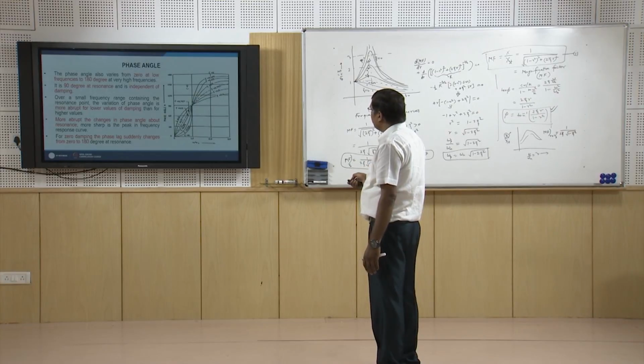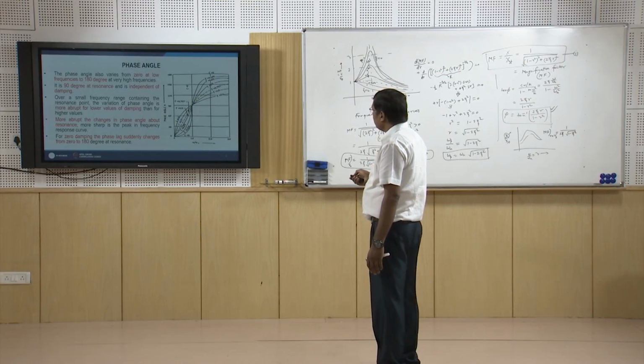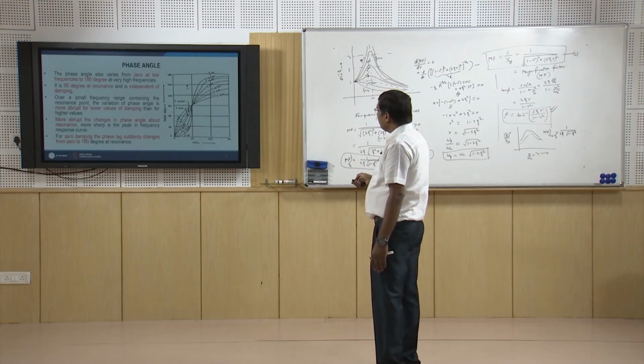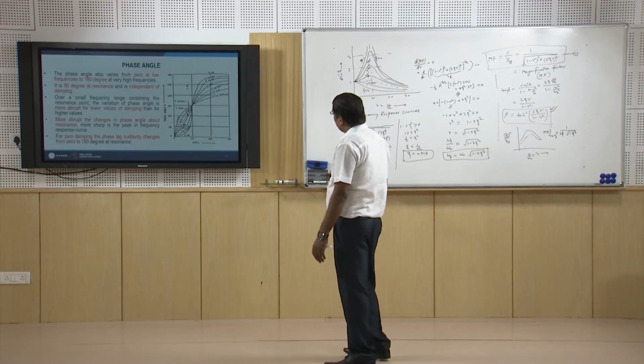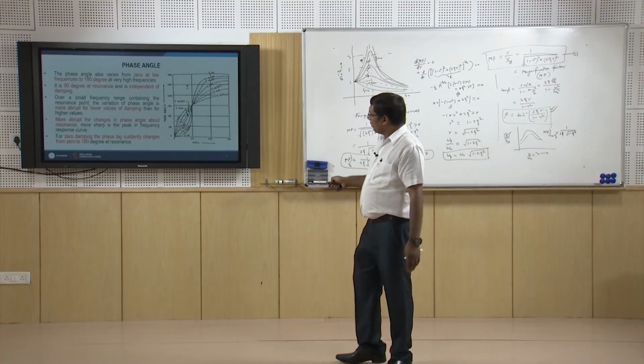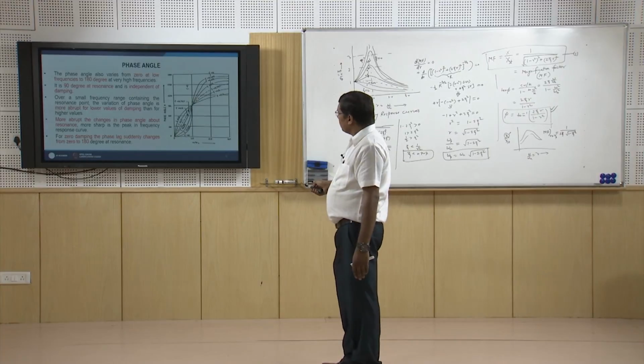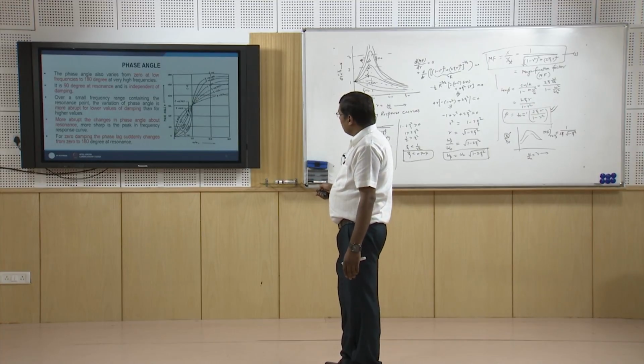So very abrupt change of the phase angle. Similarly here zeta equal to 0.125, 0 to 90 and then towards 180 degree. So at higher values of r they are tending to 180 degree, and at lower values of r they are near 0 degree.